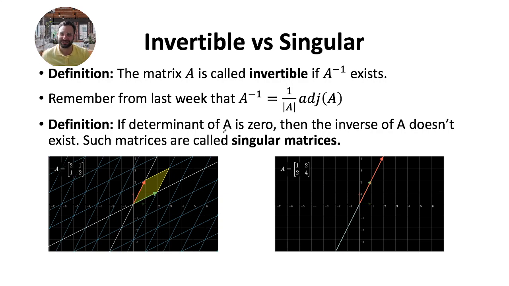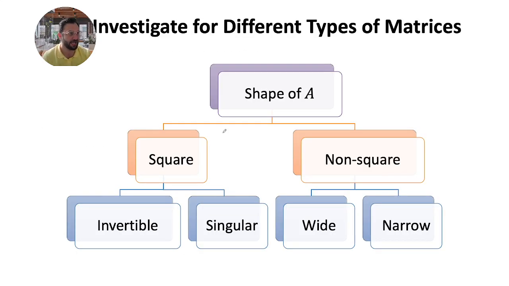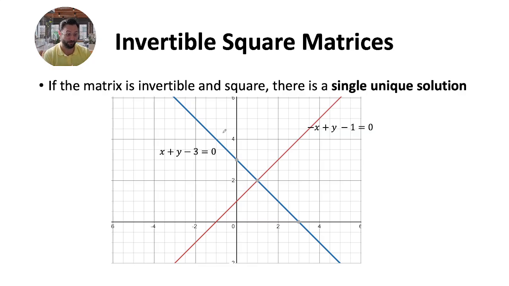The name for such matrices, where it collapses and there's no coming back, is singular.